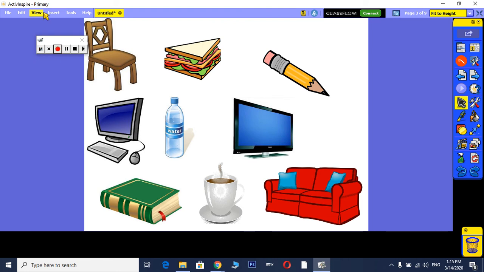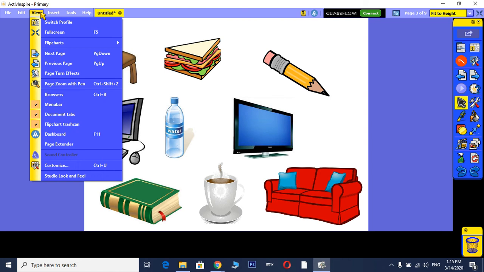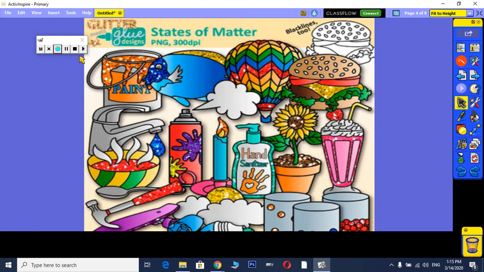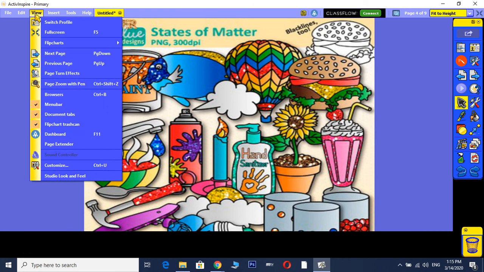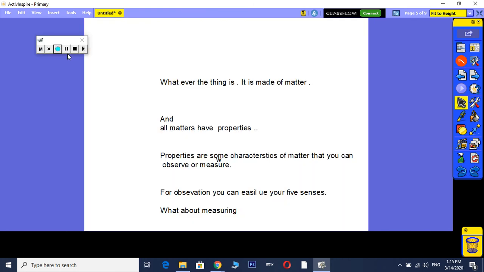And of course, this matter has properties. That means that I can describe it. Everything around us is matter. So whatever the thing is, it is made of matter, and all matter has properties.